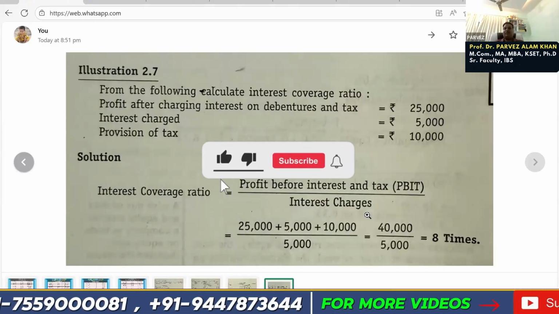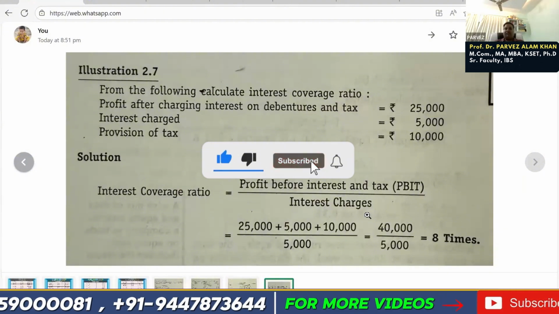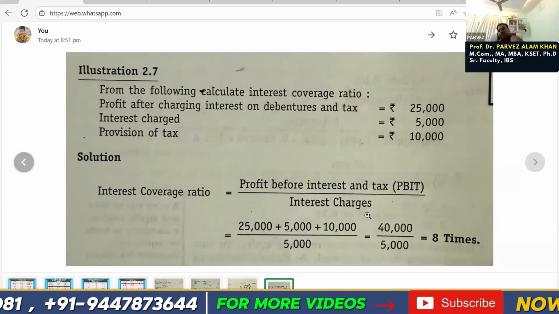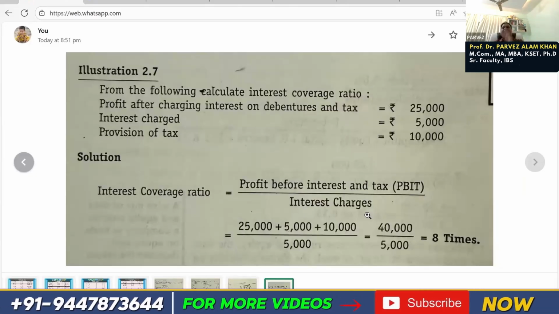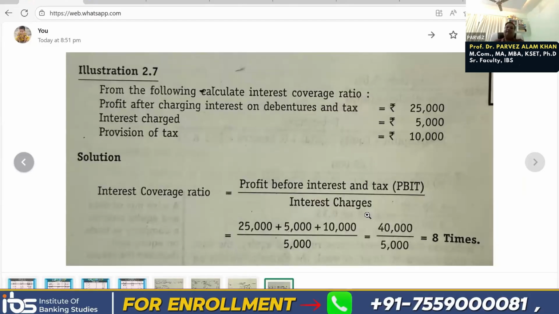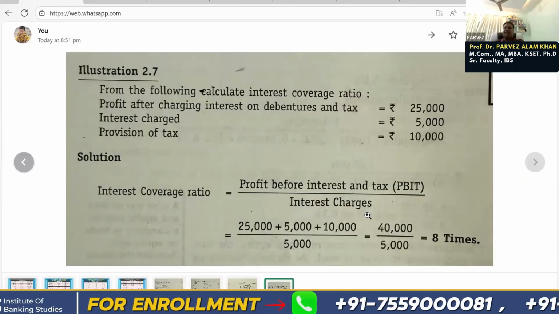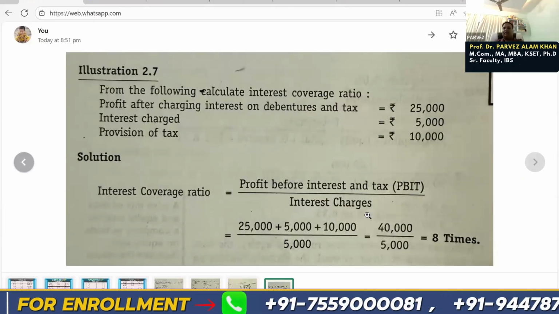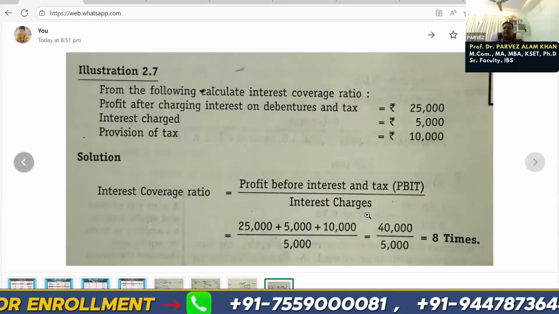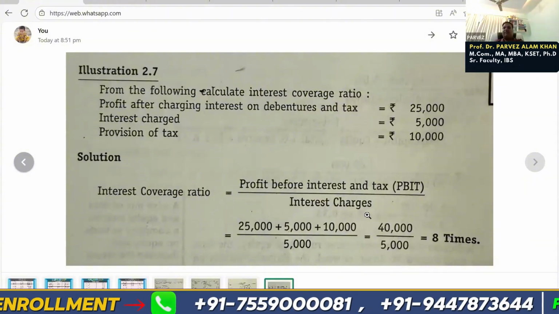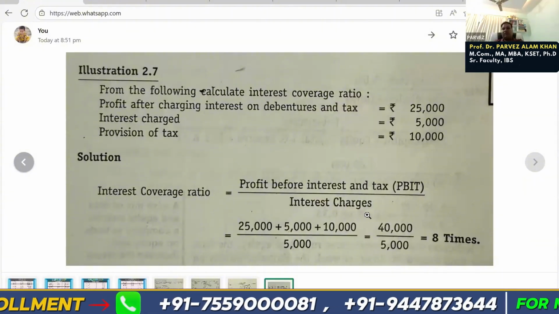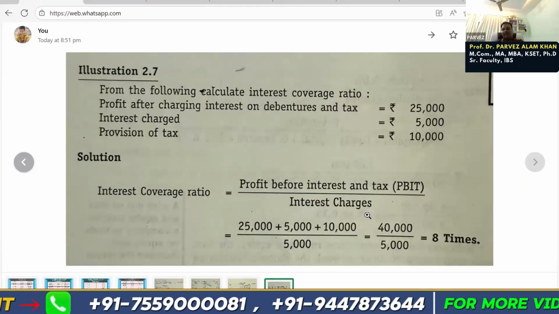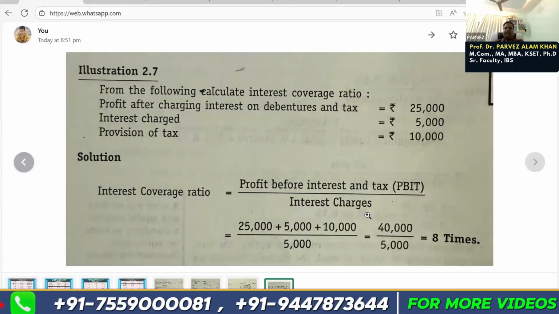So after charging is how much? 25,000, right? So we have to calculate before. After subtracting is 25,000. So before how much it will be? We'll add back interest and tax, right? Correct? Profit before interest and tax is 40,000. And what is the interest? 5,000. So 40,000 divided by 5,000. Is it clear?